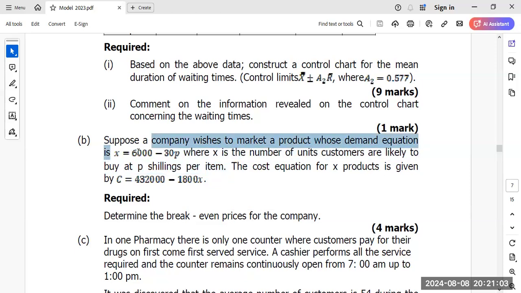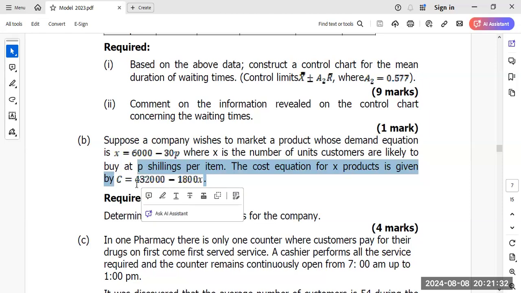But this demand function is given in terms of P. Then the cost equation for X products is given, but this cost function is given in terms of quantity, not price.